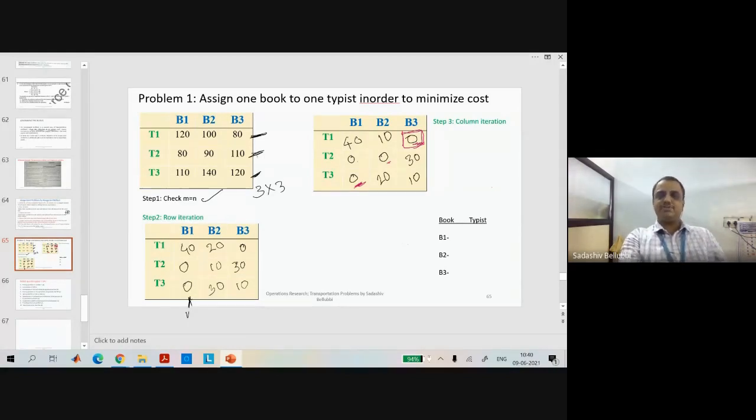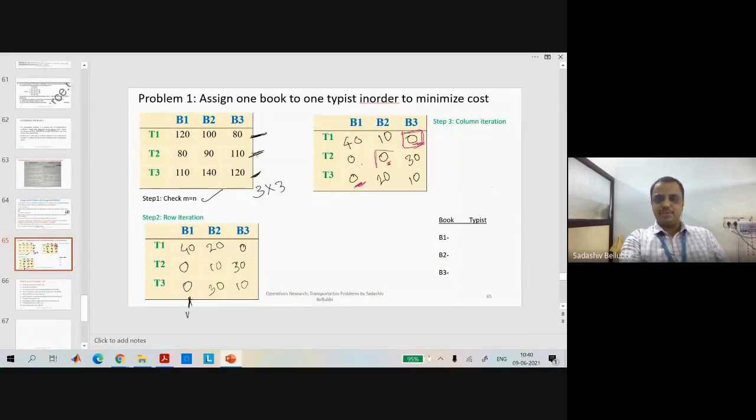Next, what is the remaining? In the remaining, the T2 row has 2 zeros and the T3 row has only 1 0. If you assign to the T3 row, then the 1 0 at T2 will be cancelled. If you assign to B2, then that T2 will be cancelled. So you can assign to anyone.